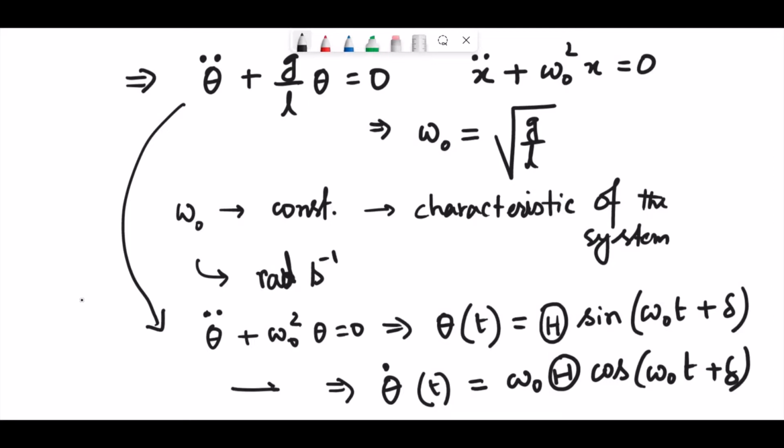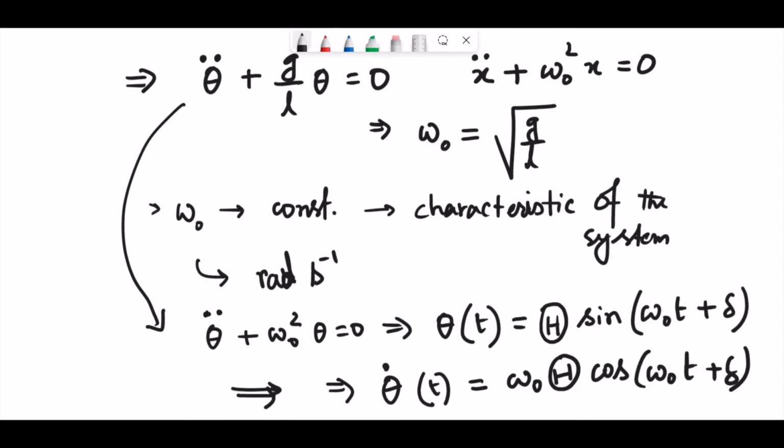Notice this is the angular velocity, and this is the angular frequency. The angular velocity is not a constant. It is changing with time. But angular frequency is a constant. It's the characteristic of the system, and it is not changing with respect to time.